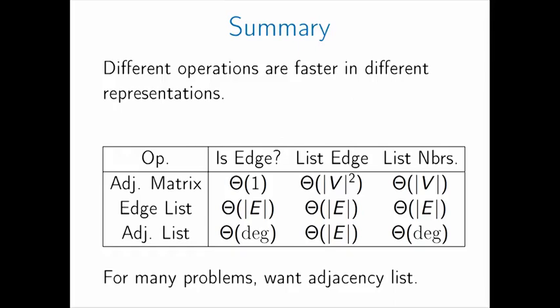It turns out that different basic operations you want to perform could be faster or slower depending on which representation you have. For example, if you want to determine if there is an edge between a specific pair of vertices, this is very fast in the adjacency matrix representation. All you have to do is check the appropriate entry of the matrix, see if it's 0 or 1, and that's your answer. Constant time.